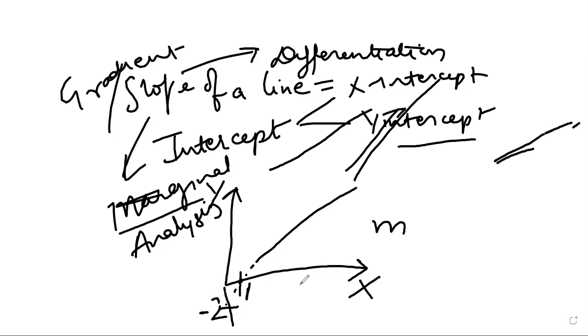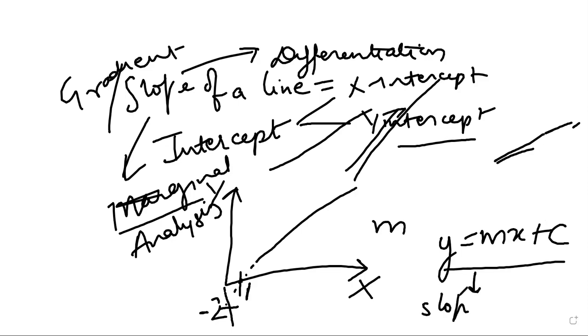Then, talking about the equation of a straight line, it is given by y is equal to mx plus c. This is known as the slope intercept form of the equation of a straight line.